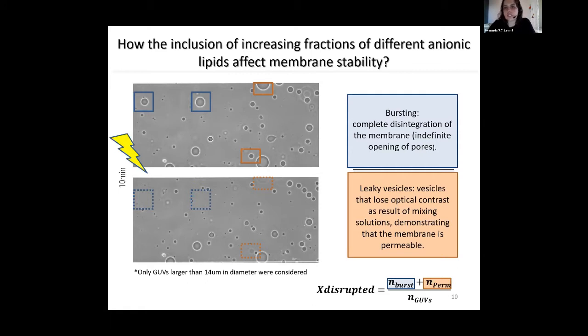That is the complete disintegration of the membrane. We also measured the number of leakage UVs, that are vesicles that lose their optical contrast as a result of the mixing of the outer and inner solution. And since these 2 events are directly related to the integrity of the membrane, we combined them into a fraction of disrupted UVs.